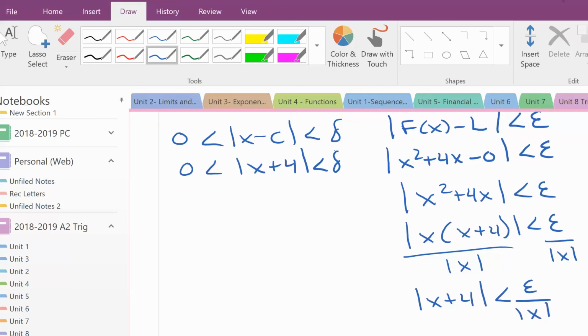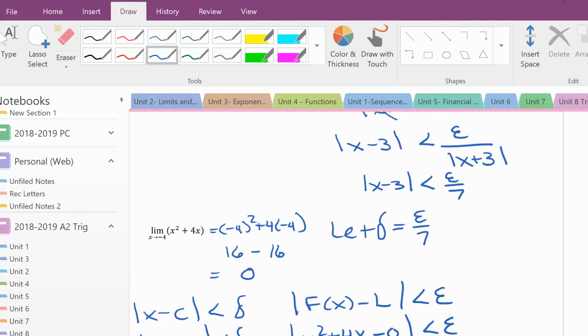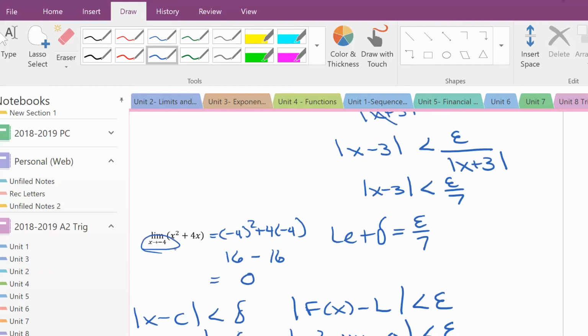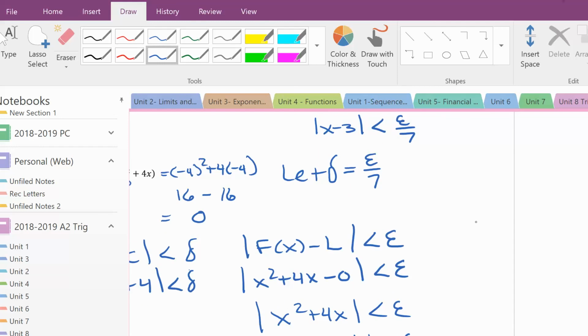So now, remember, the number that we put in for c was negative 4. So the values to the right and to the left of that means it's negative 5 and negative 3. That's what negative 4 is between.